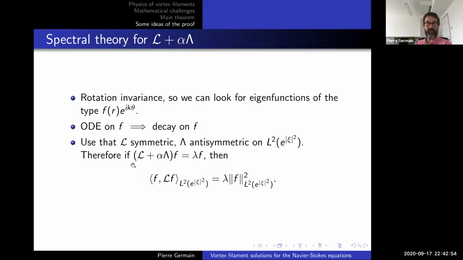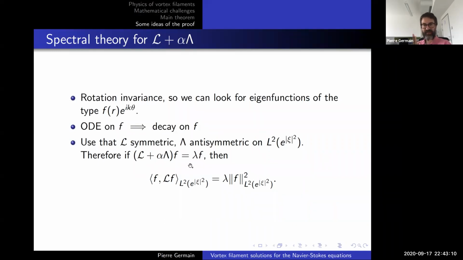And then you use the fact that if you are in this weighted L2 space, the Fokker-Planck operator is symmetric, while the capital lambda operator is anti-symmetric.